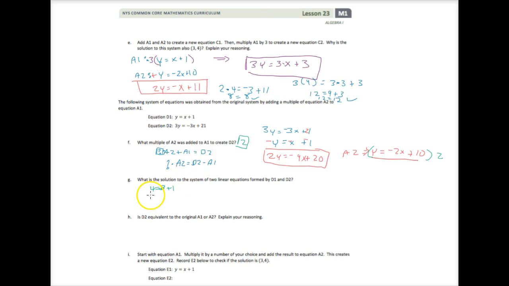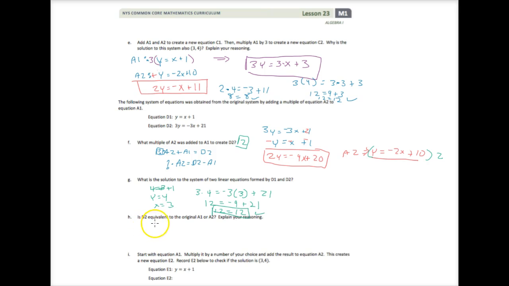So if y equals 4 for this one, with x equaling 3, we hope it's true here too. 3 times 4 equals negative 3 times 3 plus 21. 12 equals negative 9 plus 21. And this is a true fact. 12 does equal 12. We're all good?